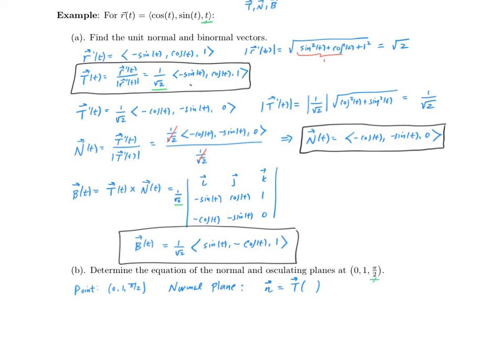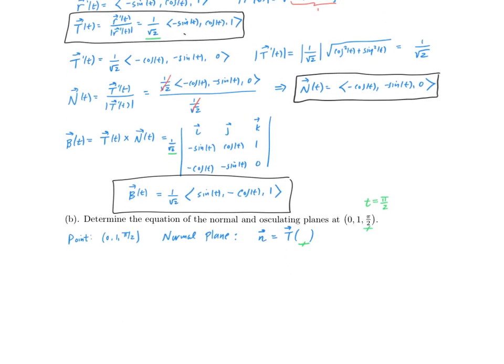The third component is t. So t is equal to pi over 2, which means that is where we would like to evaluate the unit tangent vector. So the vector orthogonal to the normal plane is going to be the unit tangent vector at pi over 2.